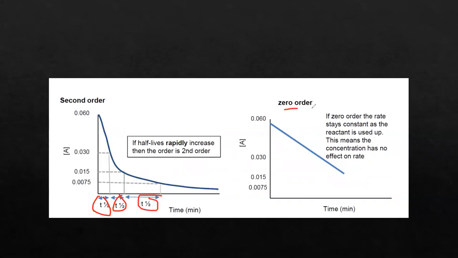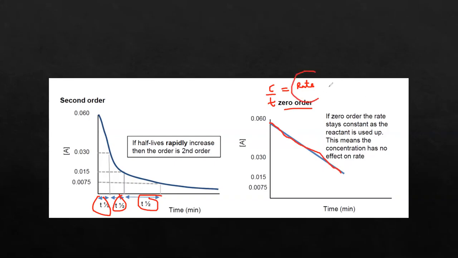And for a zero order reaction, the concentration and time slope, because change in concentration divided by time actually refers to rate. When you sketch a graph, you'll find a constant change with respect to time.